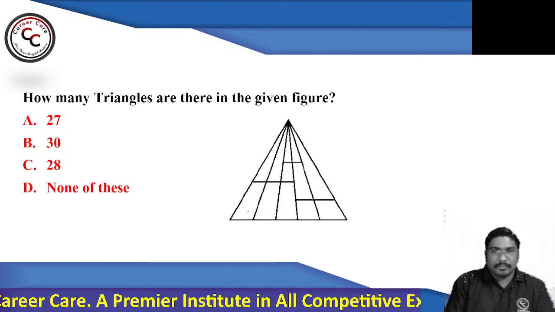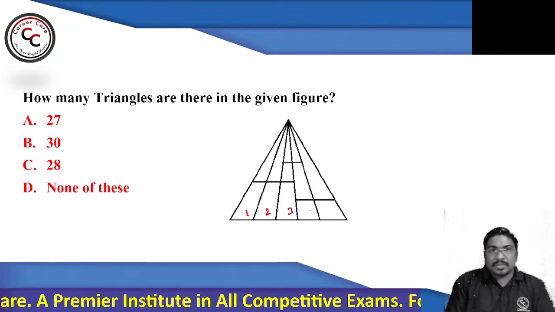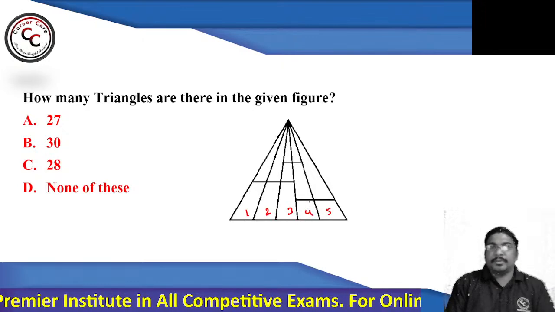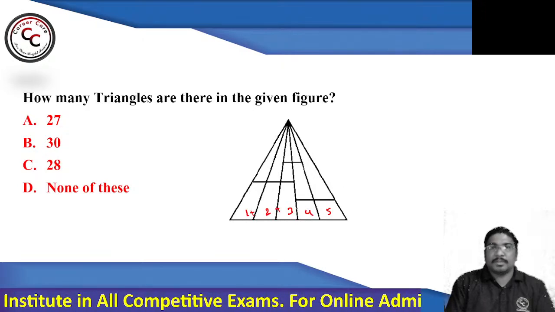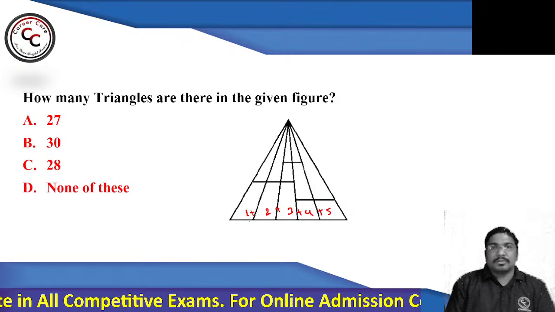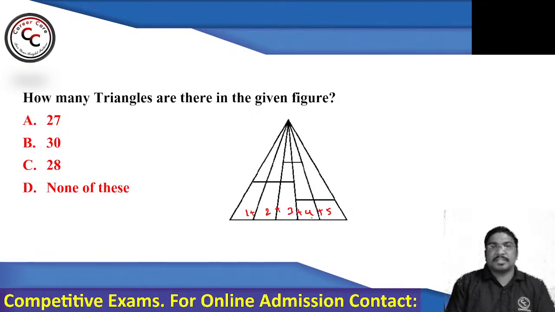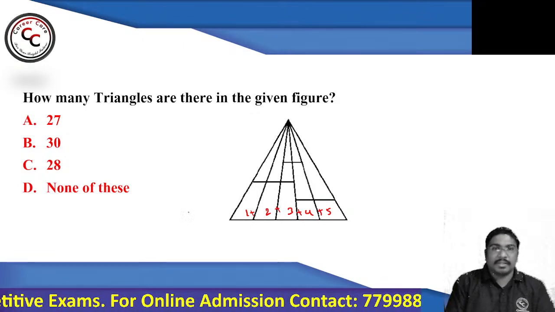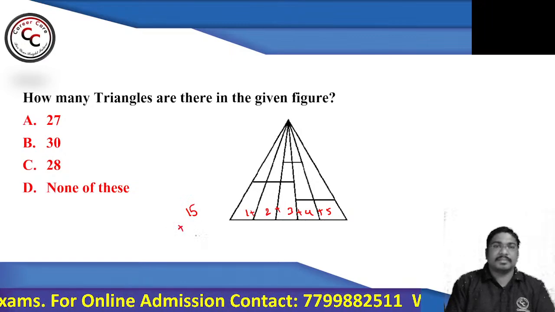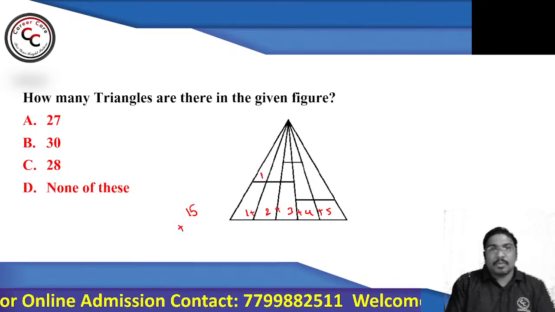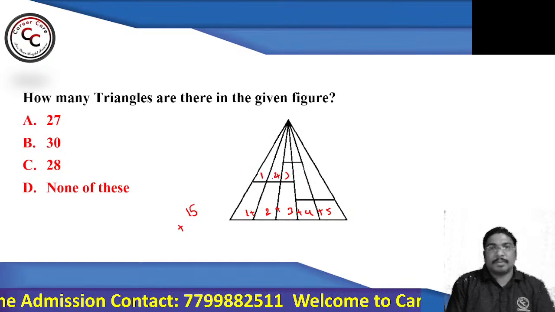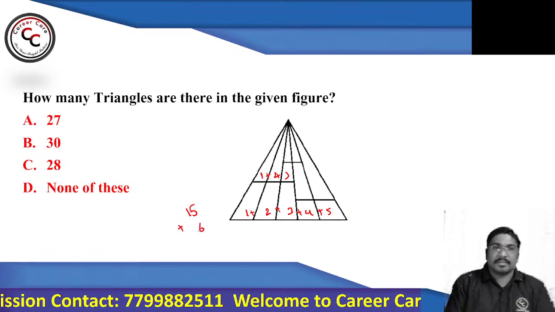So see, 1, 2, 3, 4, 5. Individually you need to do it. So 1 plus 2 plus 3 plus 4 plus 5. 1 plus 2, 3, 3 plus 3, 6, 6 plus 4, 10, 10 plus 5, it is 15. Plus here, 1, 2, 3: 1 plus 2 plus 3, 6.